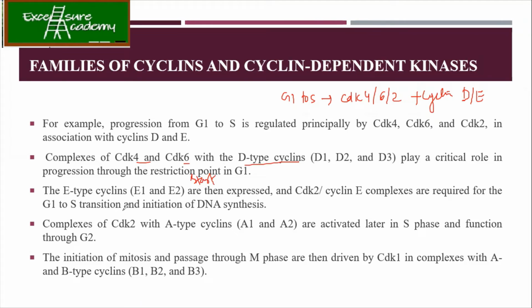Now, E-type cyclins are then expressed. CDK2 is with E, 4 and 6 are with cyclin D.